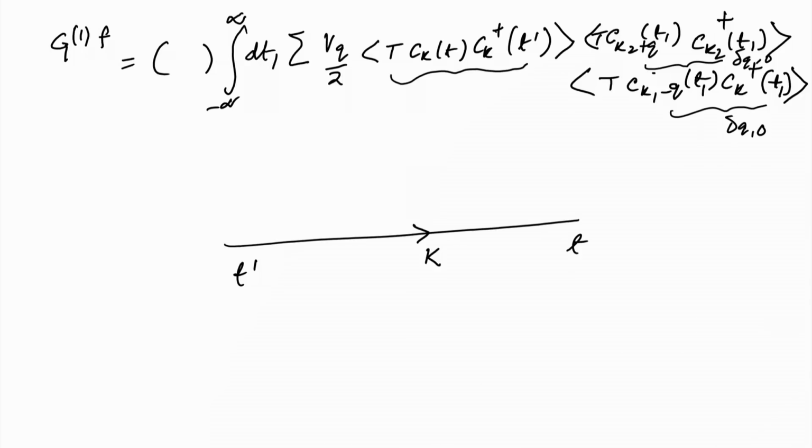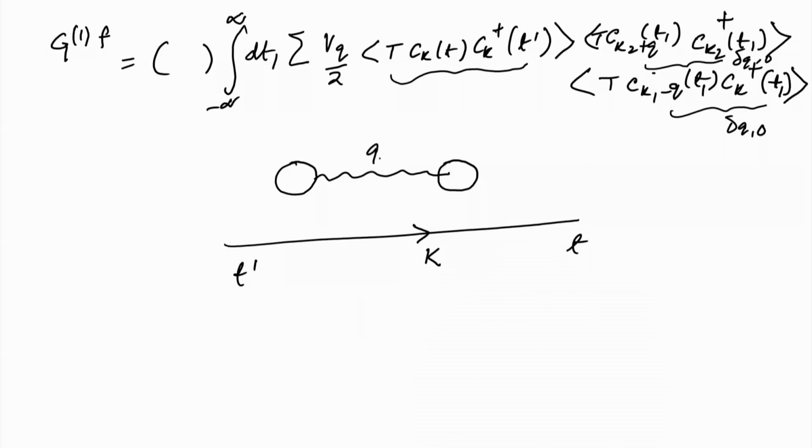So, I have two electron bubbles which are like this and they are connected with a q. So, one of them is k 1, the other is at some intermediate time, and k 2. So, this is the Feynman diagram for this particular case.